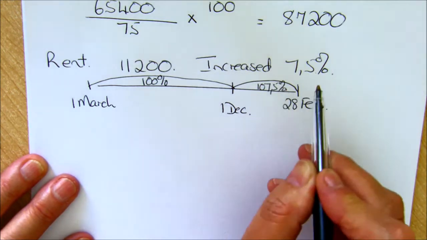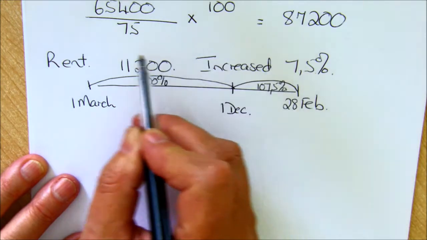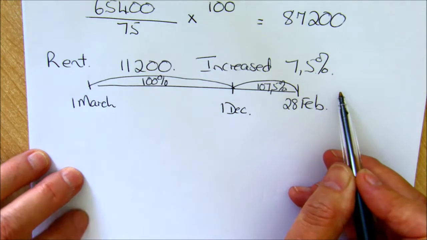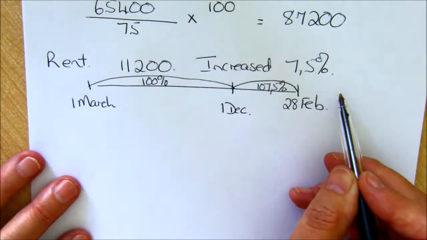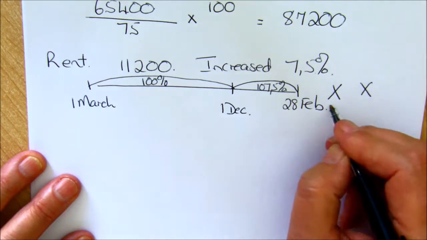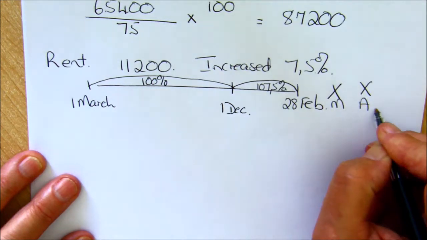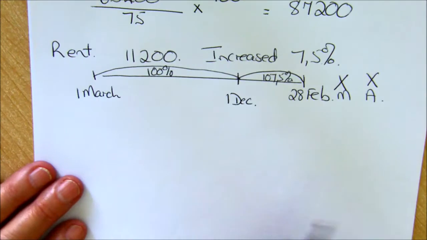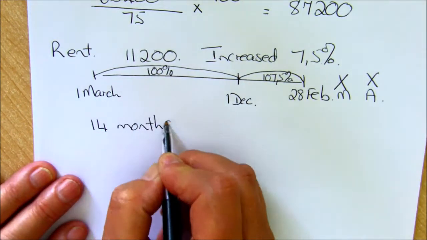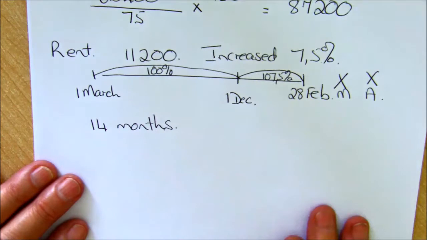So we need to work out the increase in order to get the total rent for the year. We were told also that rent had been paid 2 months in advance, so it had been paid for March and April. So all in all, 14 months rent had been paid in this exercise.